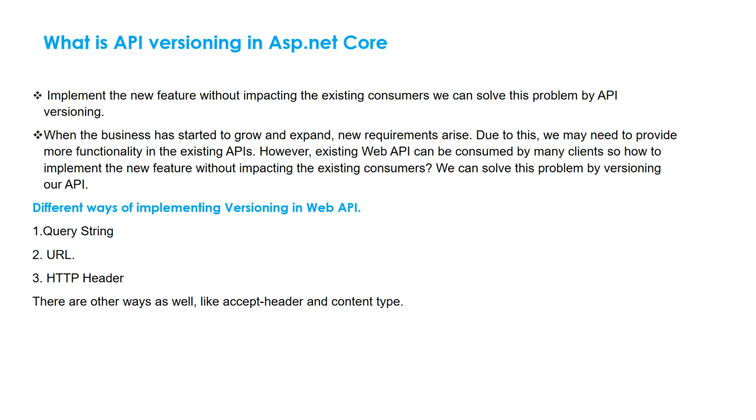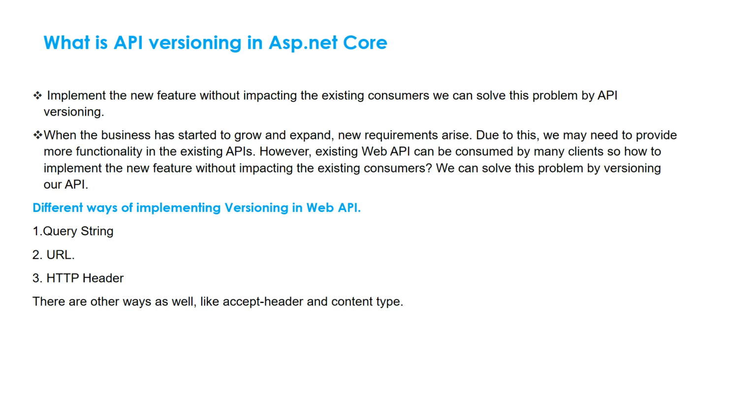Implementing a new feature without impacting the existing consumer, we can solve the problem by API versioning. Suppose you are starting a business, and the business grows and expands, and after some time new requirements arise, right?